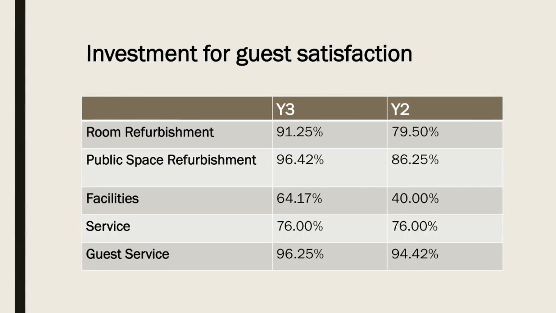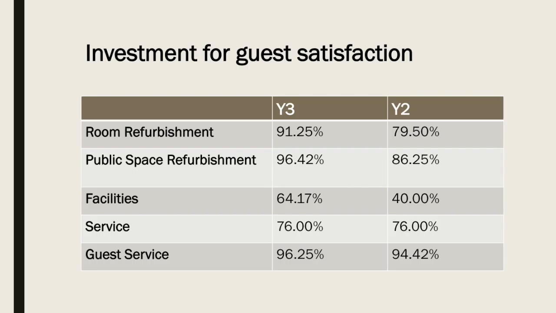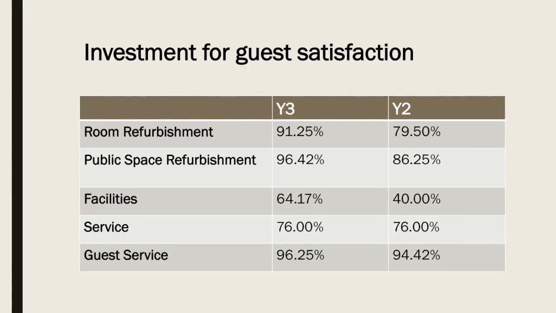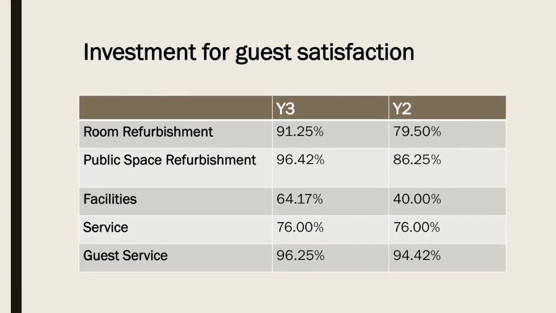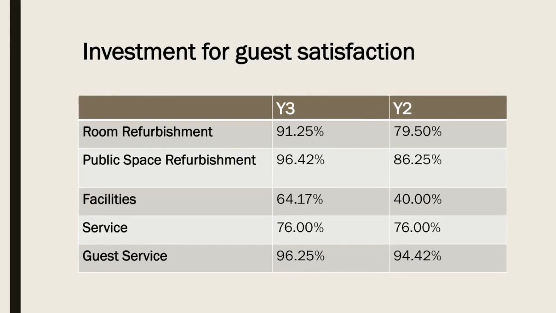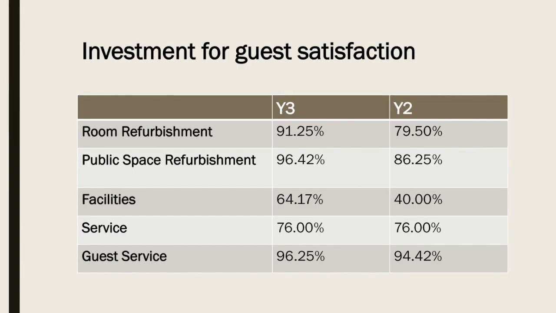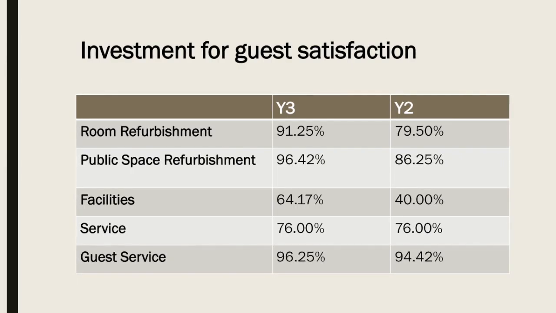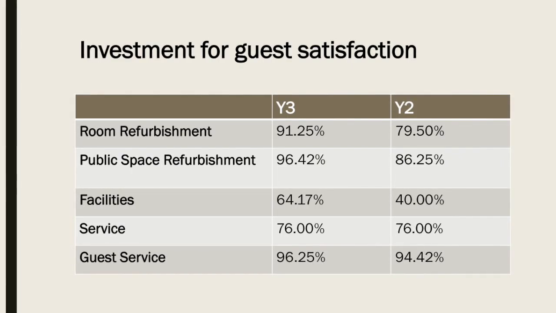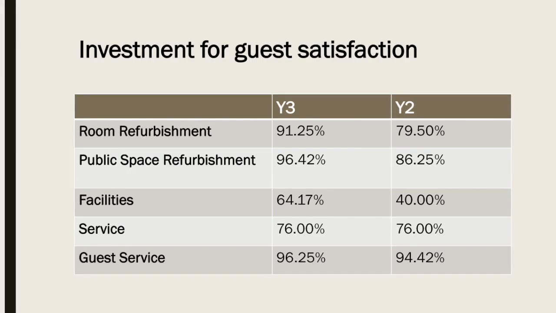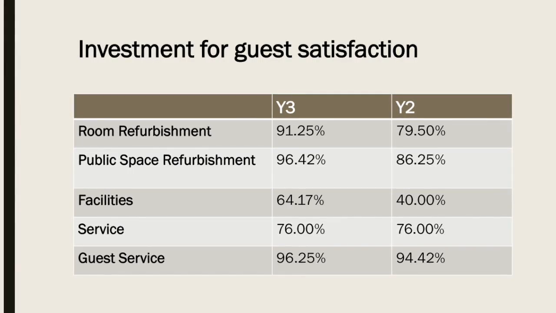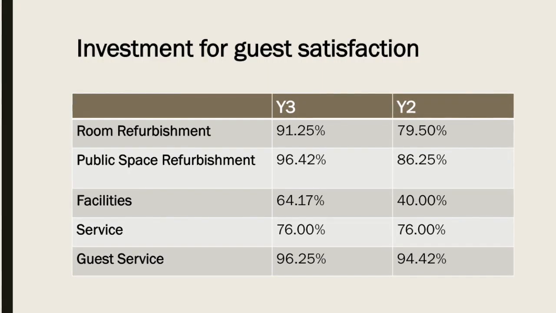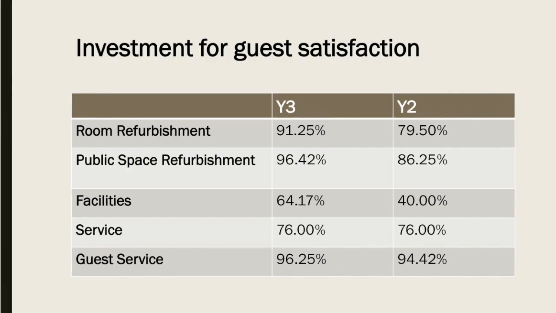Also for the service level, we kept the same level as last year. And for the customer service, we increased 2 points compared with last year. Generally speaking, because we didn't put enough investment into the marketing department compared with our competitors, that led to lower GOP and ROE rates in year 2, and the market share was not enough in year 2.